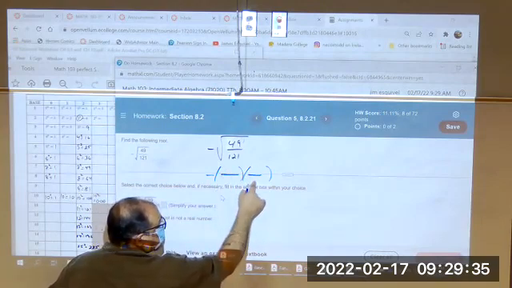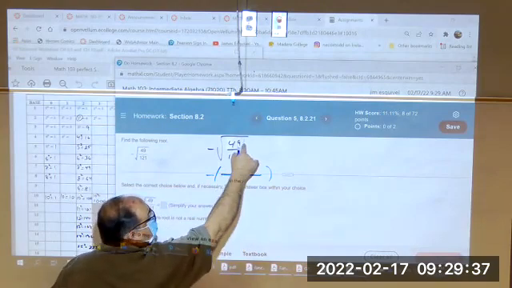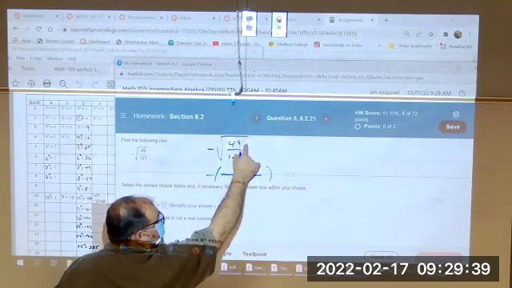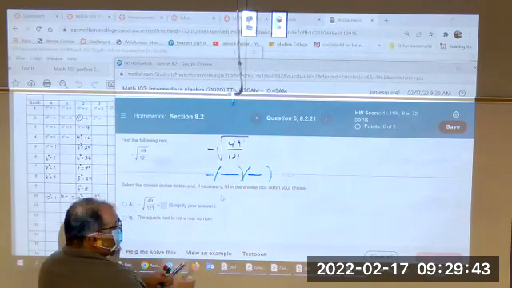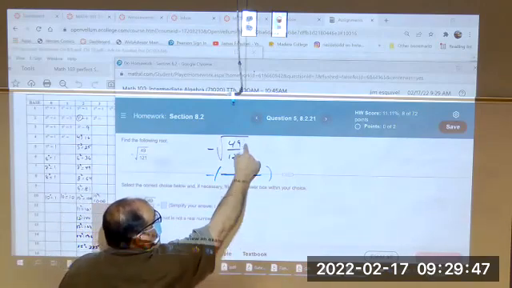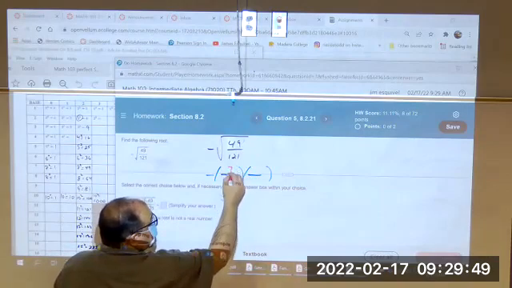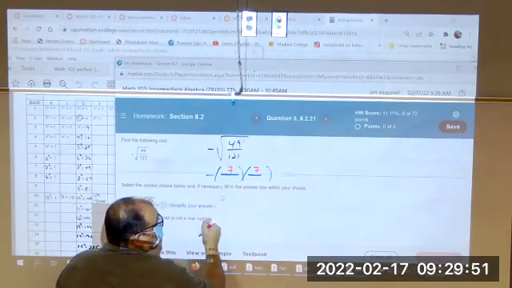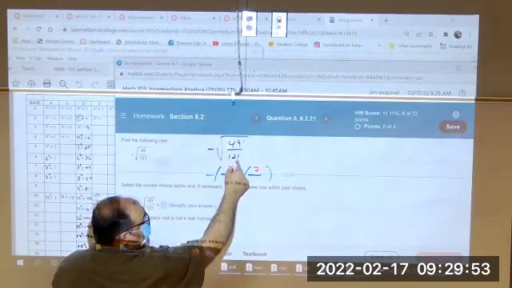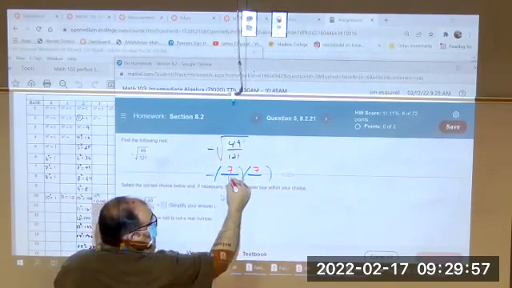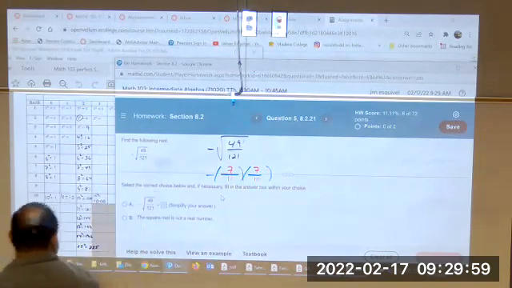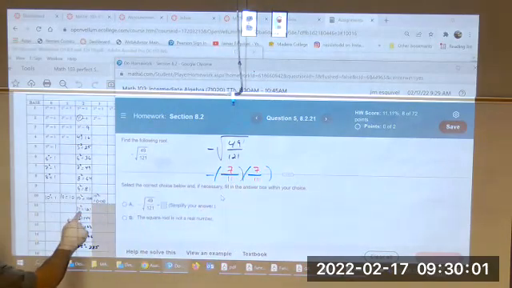You go straight across. The numerator is 49. So what times itself makes 49? 7 times 7. So 49 is 7 times 7. And 121, what times what makes 121? 11 times 11, because 11 to the second is 121.